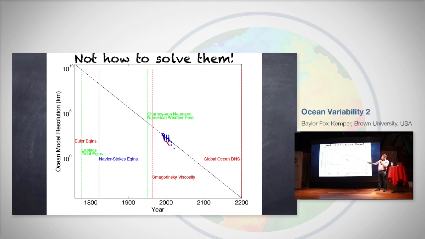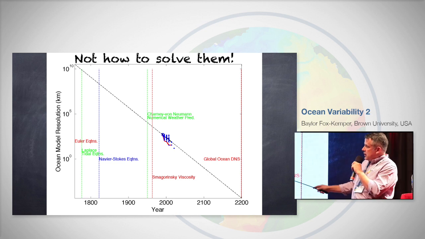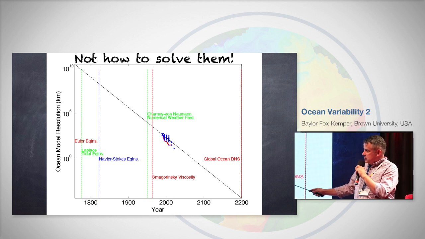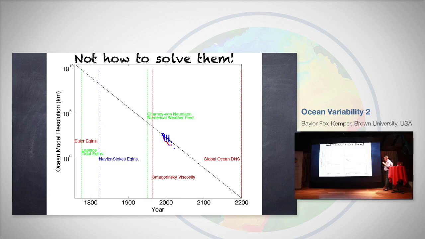The very first weather forecast using a quasi-geostrophic model from Charney and von Neumann came here in the 1960s, I guess, 50s, 60s. And here are the IPCC models. Here is when we'll get to use the equations these guys back here invented to directly simulate the Earth with the fluid equations. Okay, so 2200.